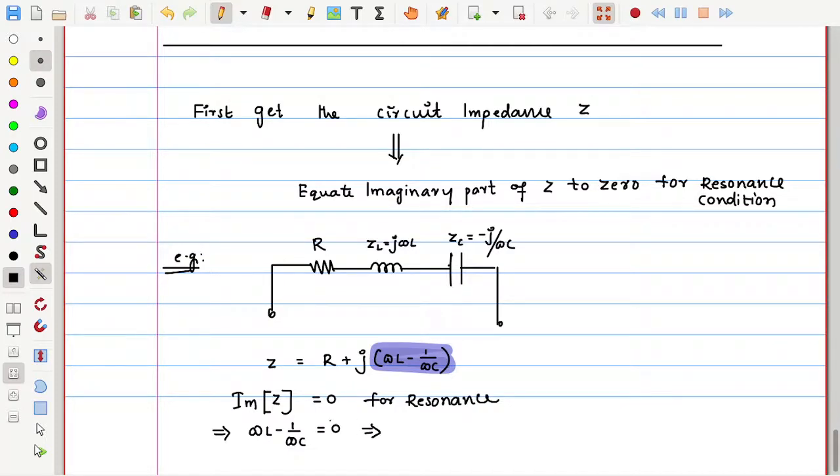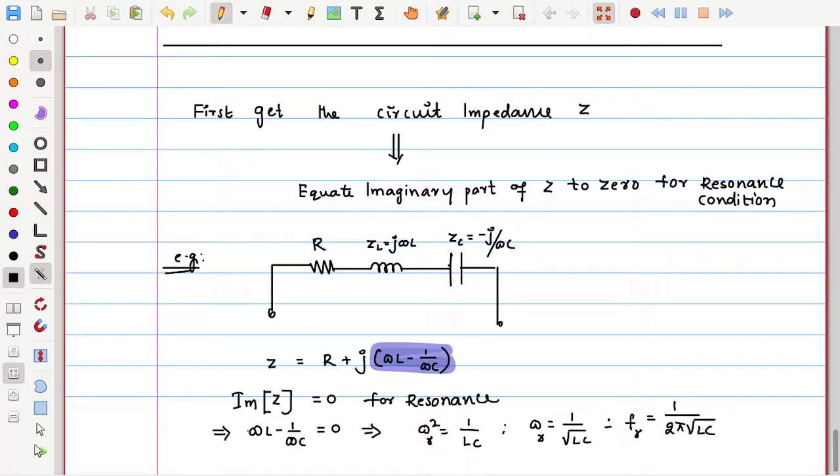Just simplify this, you will get omega square is equal to 1 by LC, and omega is equal to 1 by square root LC. And if you need the frequency, f is equal to 1 by 2 pi square root LC. These are the resonance frequencies.